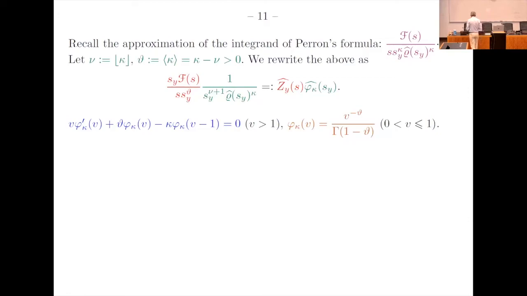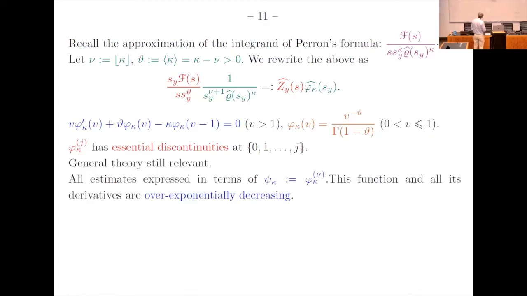The good news is that the phi kappa function satisfies a differential difference equation. But you see that here phi kappa is not equal to 1 between 0 and 1. So there is a discontinuity in 0. But the general theory of the Hildebrand-Tenenbaum paper is still relevant.